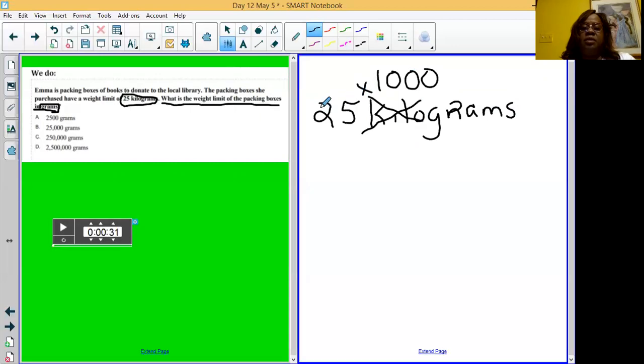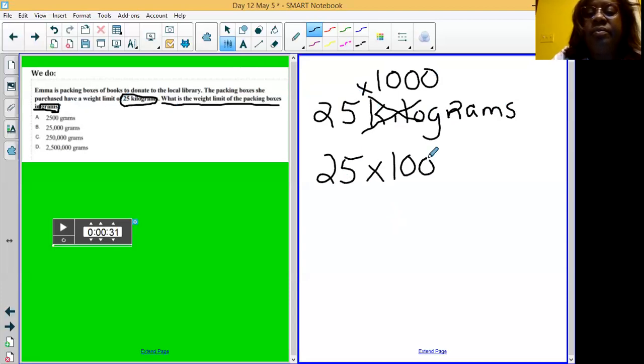So now basically what I'm saying is 25 times 1,000 gives me blank grams, because that's what I'm trying to find out. What is the weight limit of the packing boxes in grams? Kilo again means 1,000. So I'm going to multiply 25 times 1,000, and that gives me blank grams.